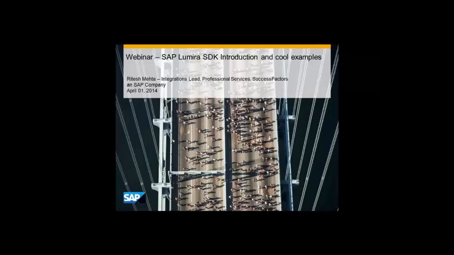Lumira also has a cloud version and a desktop version. So I'm avoiding a lot of layers, and it gives me the flexibility I'm looking for. Lumira, of course, has so many out-of-the-box visual analytics options, around 20 plus.